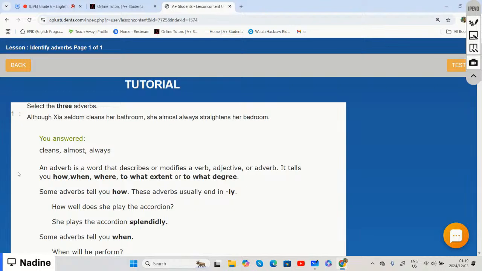It says, although Zia seldom cleans the bathroom, she almost always straightens her bedroom. We need to select three adverbs. So although Zia seldom cleans her bathroom, she almost always straightens her bedroom.